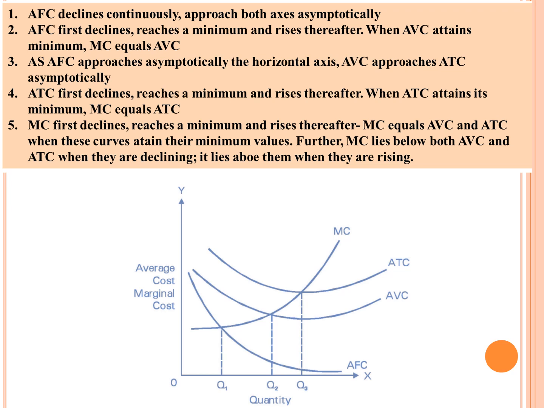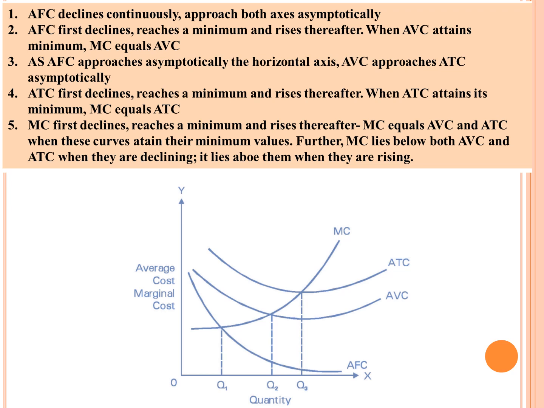In the third point, I have highlighted that average fixed cost approaches the horizontal axis asymptotically. Average variable cost approaches average total cost asymptotically. It means when average fixed cost touches both the axes, when you are producing a large quantity of production, in that condition, average variable cost and average total cost are very close to each other.